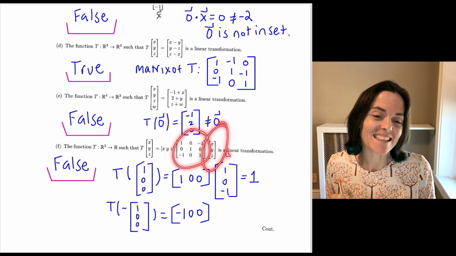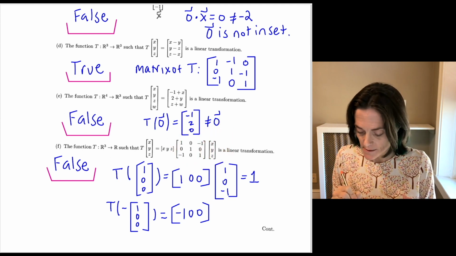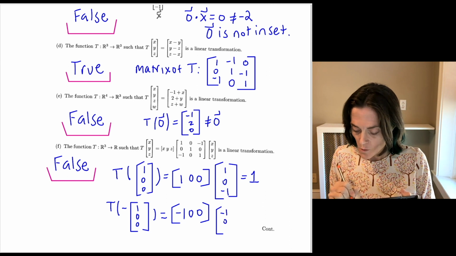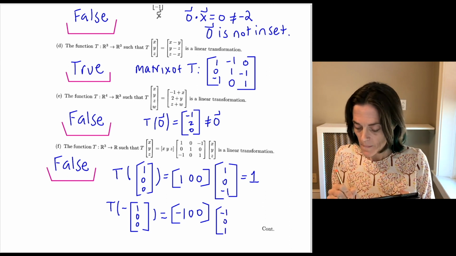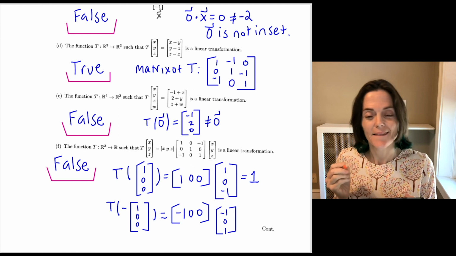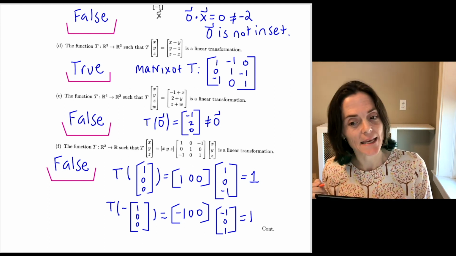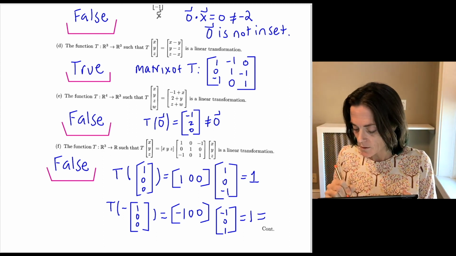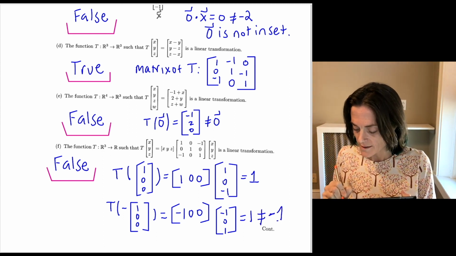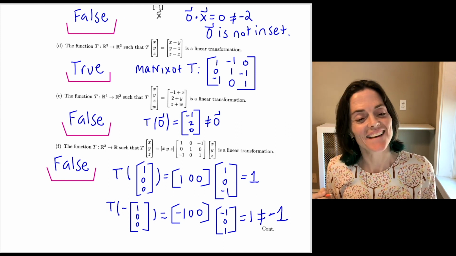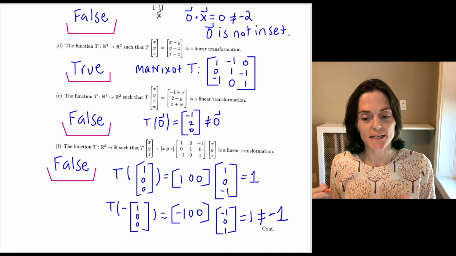We get -1 times the first column of the matrix, which is -1, 0, 1. Now you see this is also +1. This is the issue, which is not equal to -1. And so the function T in letter F is not a linear transformation.